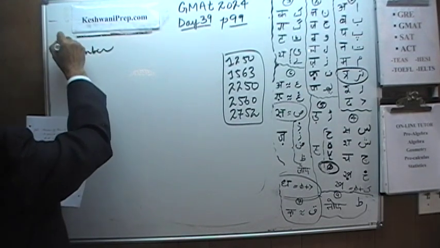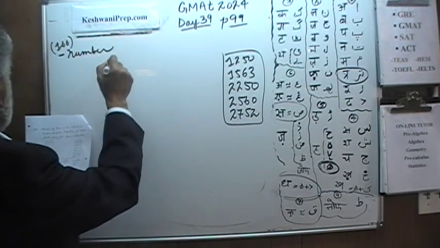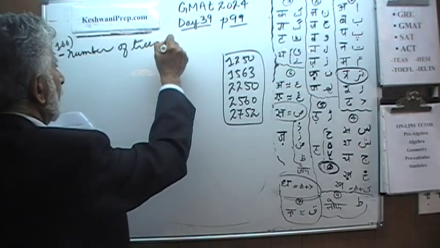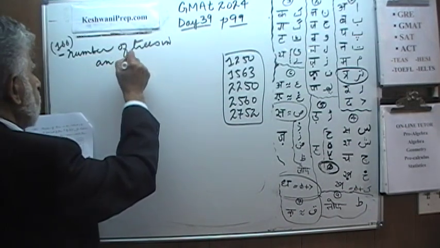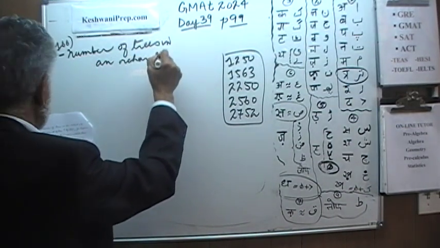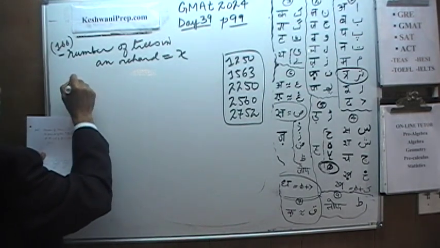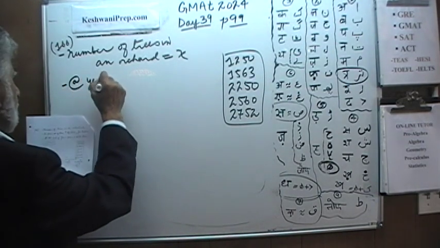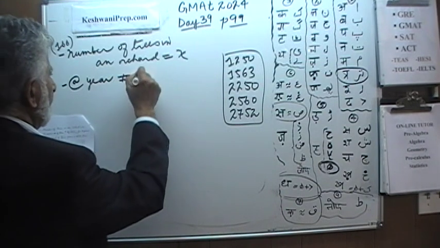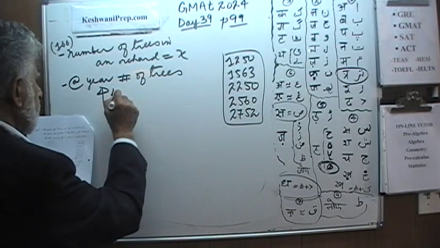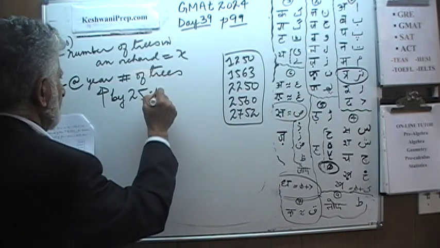This is number 166. We are told that the number of trees in an orchard is x. We are further told that each year the number of trees goes up by 25%.